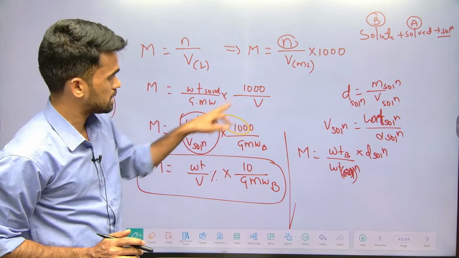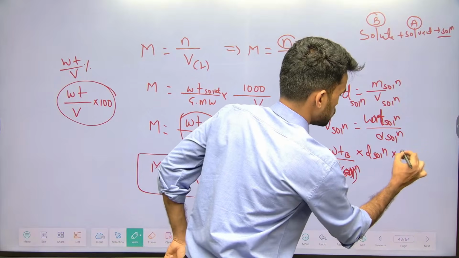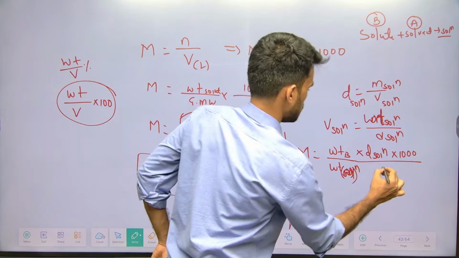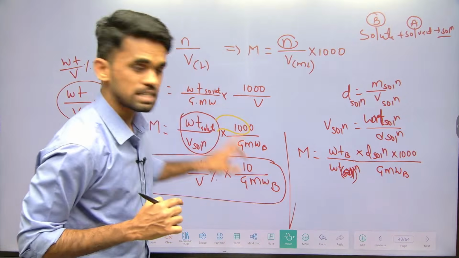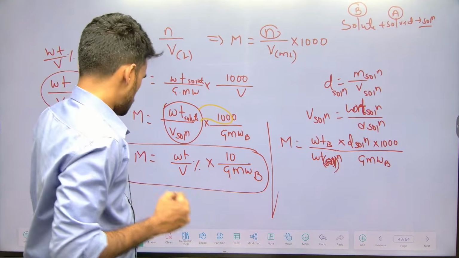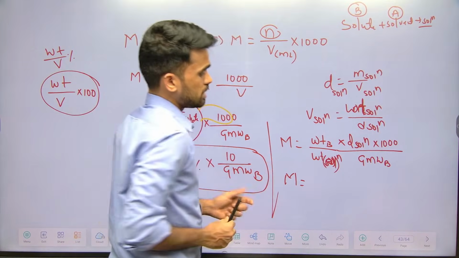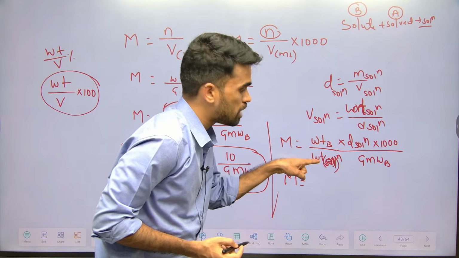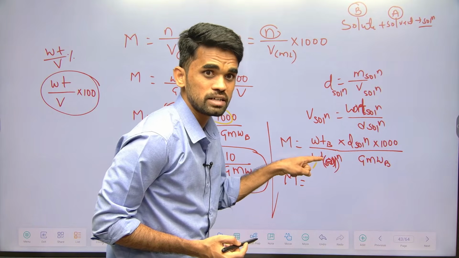The next, what is the next thing here we have? 1000 into 1000 by gram molecular weight of solute. Up to here it is clear? So molarity equals, see, weight of solute by weight of solution. It's a ratio now. So what is it?